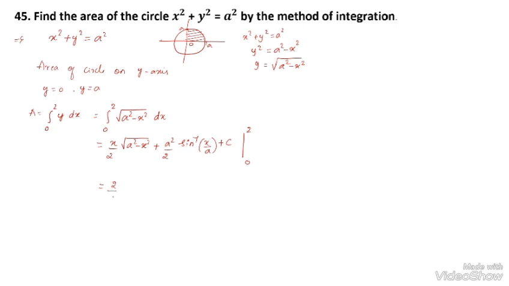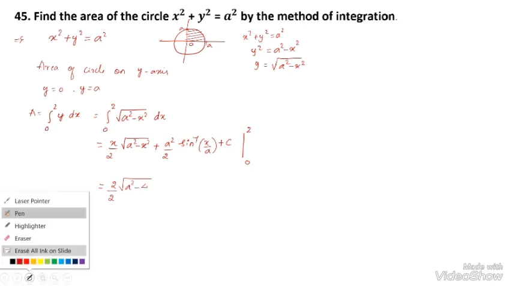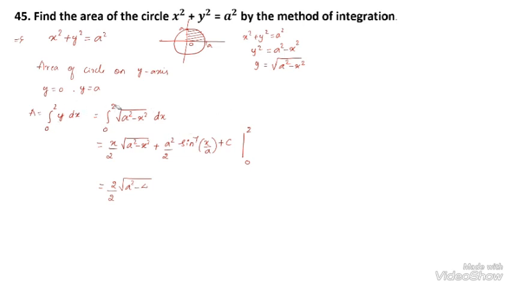That is a by 2 into root of a square minus a square. Sorry, it is not 0 to 2, the limit is 0 to a. I can take here a square by 2 sine inverse of, in place of x, a by a.